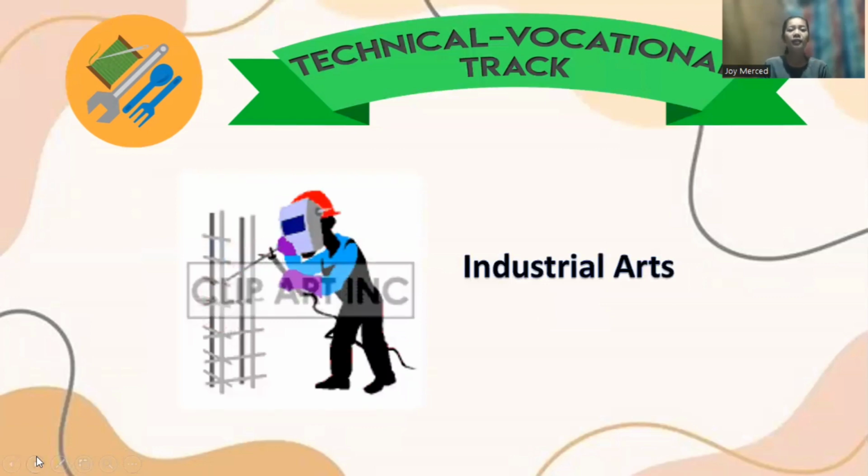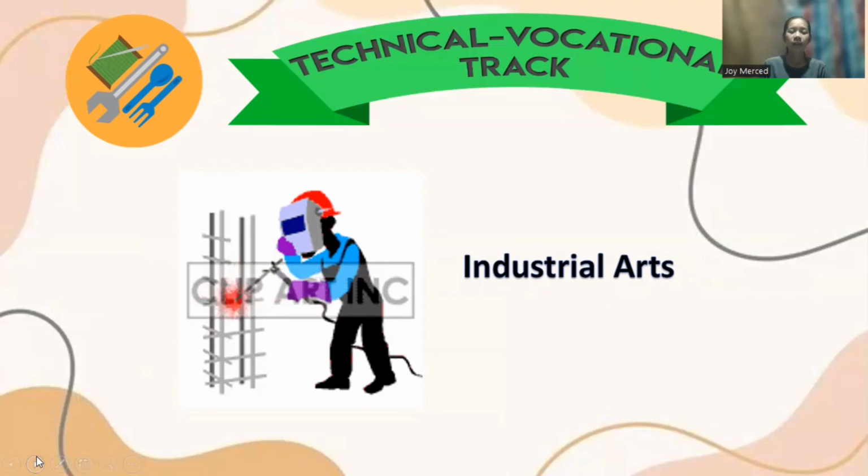The next strand is the industrial arts. Industrial arts consists of specializations equivalent to qualifications under automotive and land transport, construction, electronics, furniture and fixture, metal and engineering, and the utility sectors.